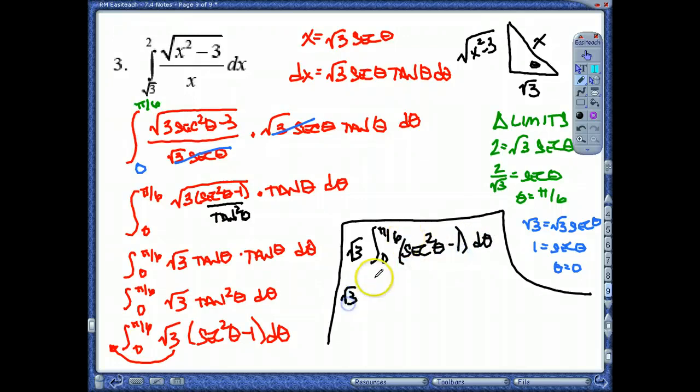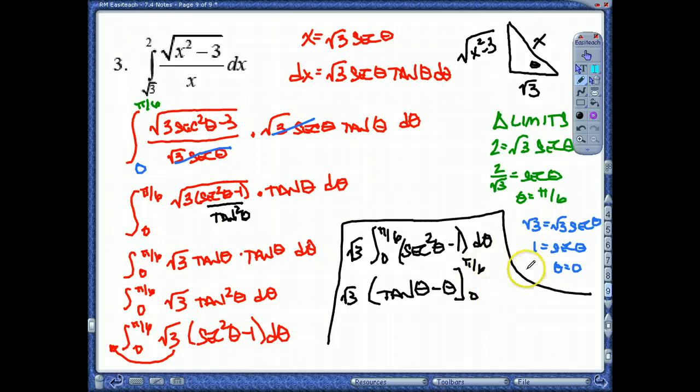When I integrate that, I'm going to have tangent. I'm going to put the pi over 6 in and then the 0 in after I integrate the whole thing. Sorry, I'm too far into this to start over. The integral of secant squared is tangent, and the integral of 1 is theta.